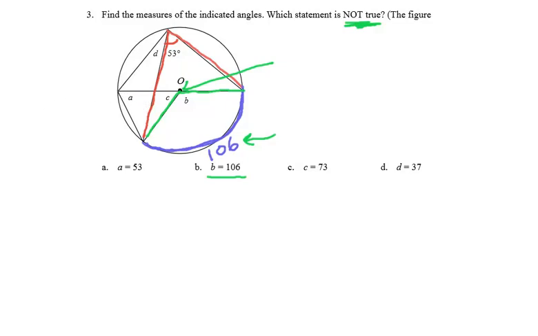Let's look at the angle A. Here's A, and it's an inscribed angle as well, just like this one up here, because the vertex is on the circle.